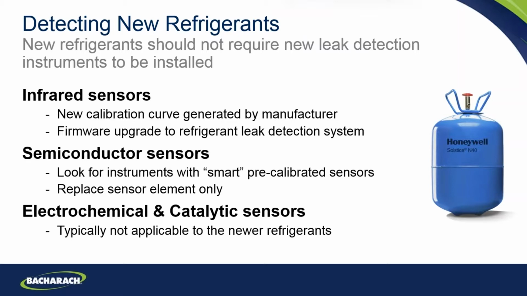This means that if you do swap out to a new refrigerant, it's simply a case of contacting the manufacturer to get a sensor calibrated for the refrigerant that you're using, sent out to you, and then it can simply be plug and play into the detection instrument that you have in place, such that the only thing needing to be replaced is that sensor element, not the whole instrument. With electrochemical and catalytic sensors, typically at the moment they're not really applicable to the newer refrigerants being used, so we don't have any concerns there at this stage.